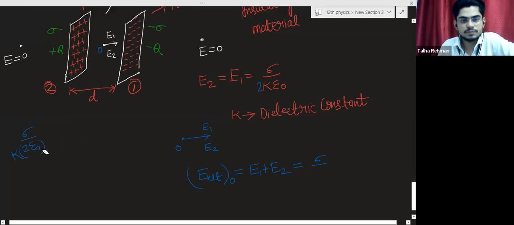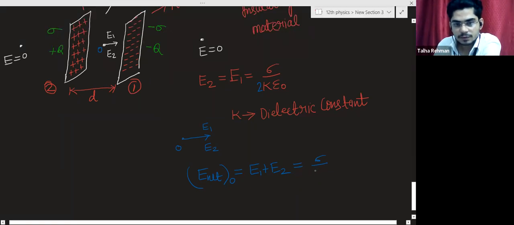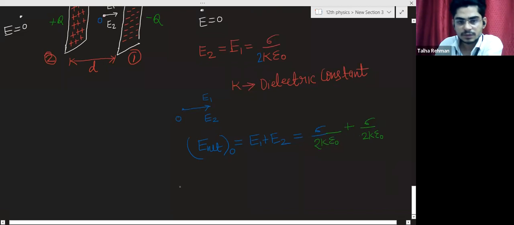Nothing has changed except K. So sigma by 2K epsilon naught plus sigma by 2K epsilon naught. So E net at point O will be sigma by K epsilon naught.